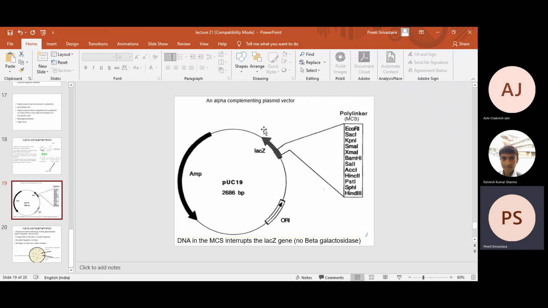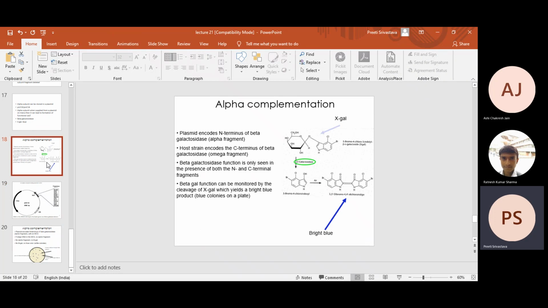So this whole process that I explained to you just now is called alpha complementation. It is the alpha subunit of LAGZ which can be complemented from a plasmid in trans and can make functional beta galactosidase, and that is why the technique is called alpha complementation.